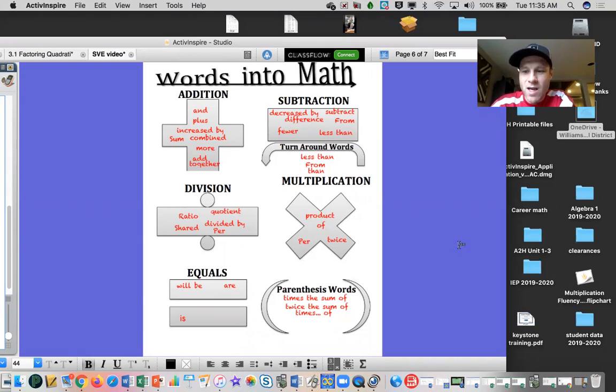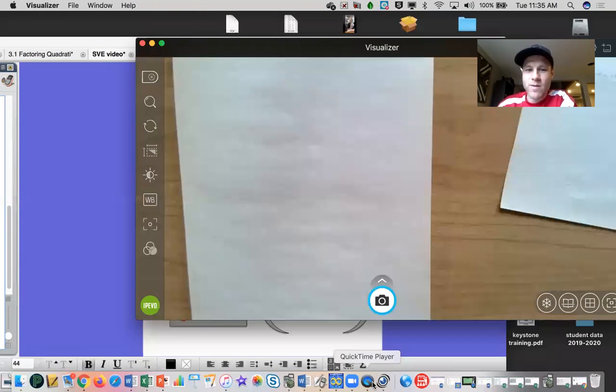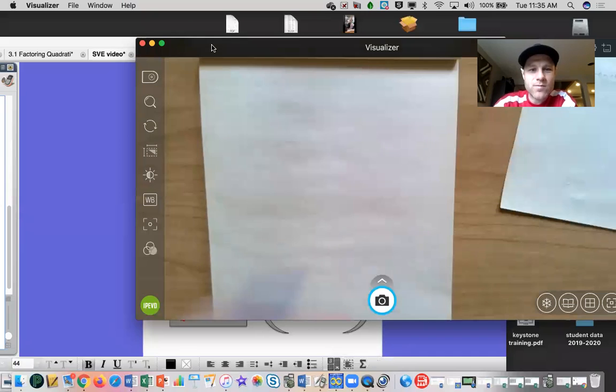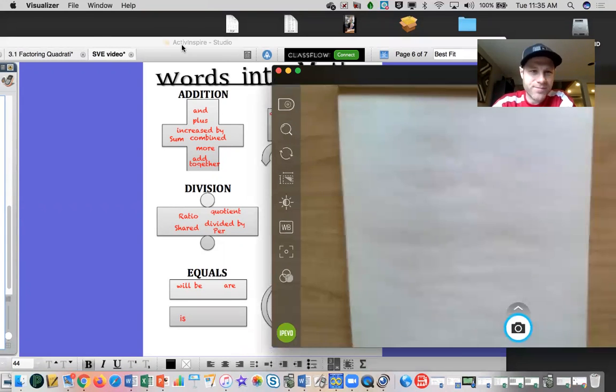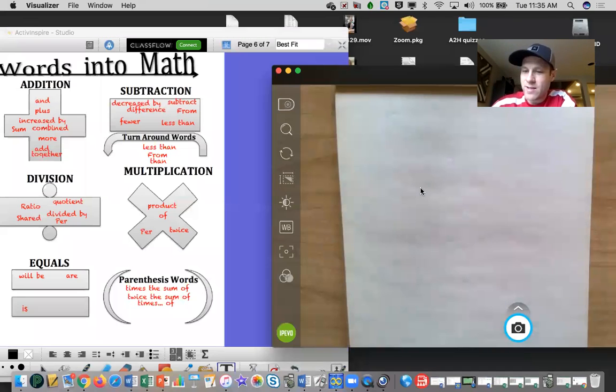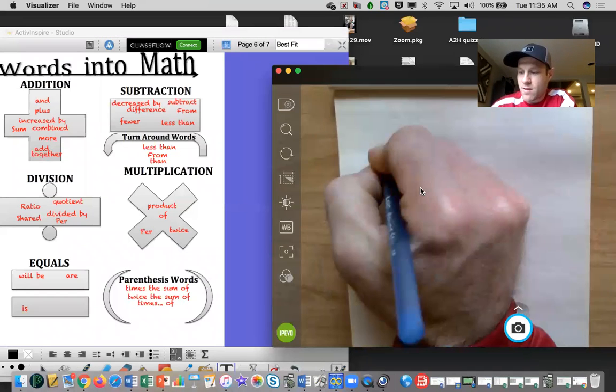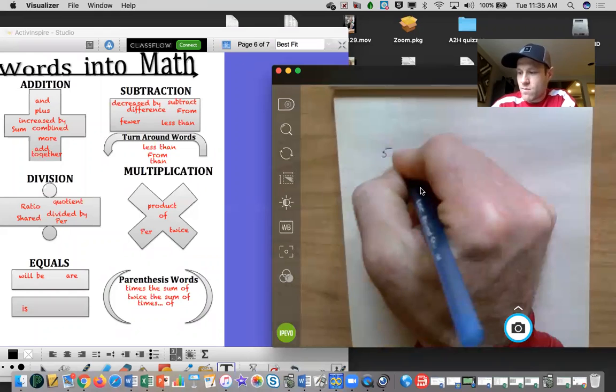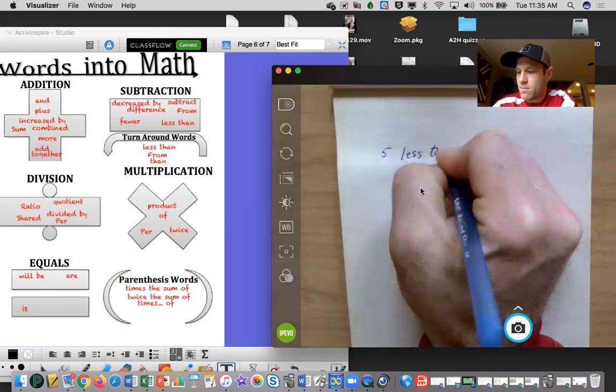So something as simple as this right here. Let me just pull up my document camera here and split this over. Something as simple as 5 less than a number.